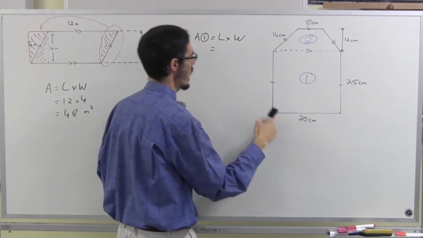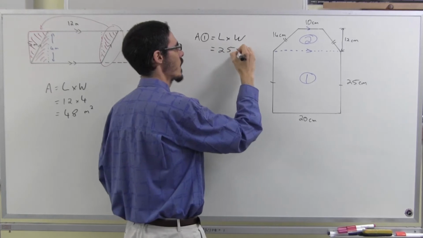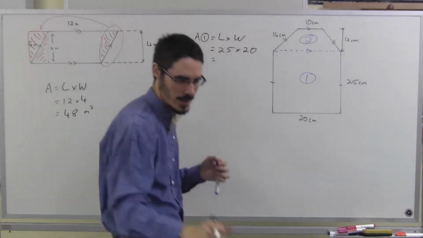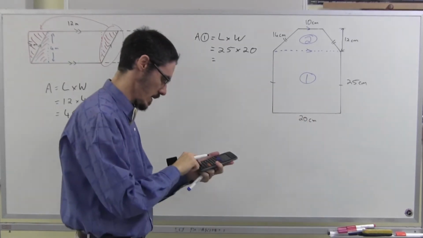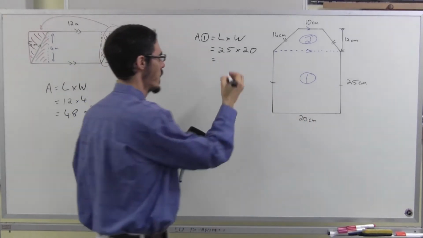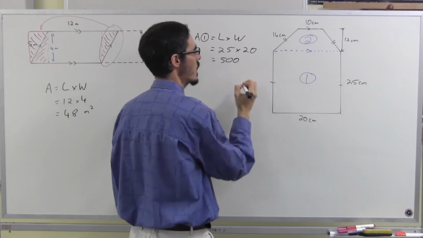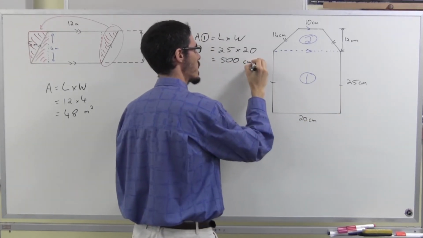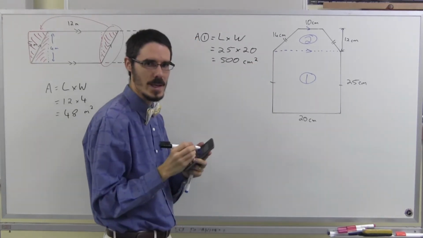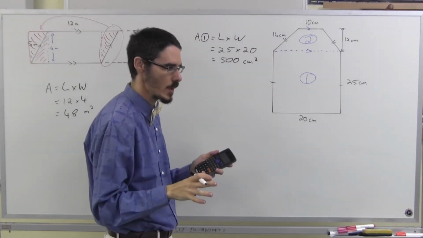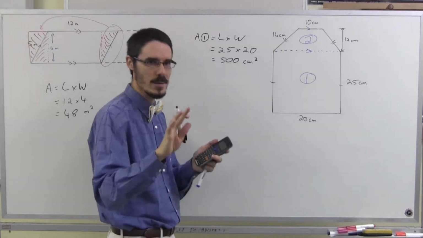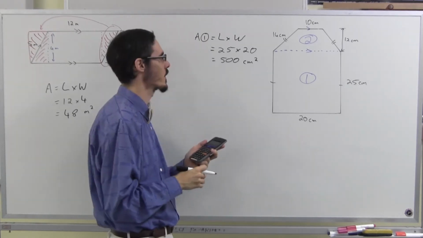Well, 25 by 20. And if you're not sure, get a calculator. 500. Everything's in centimetres, so they must be square centimetres. Not centimetres squared, square centimetres. Get your language right so you understand it properly later.